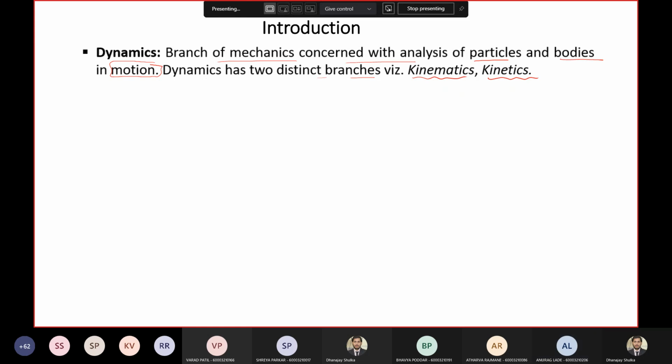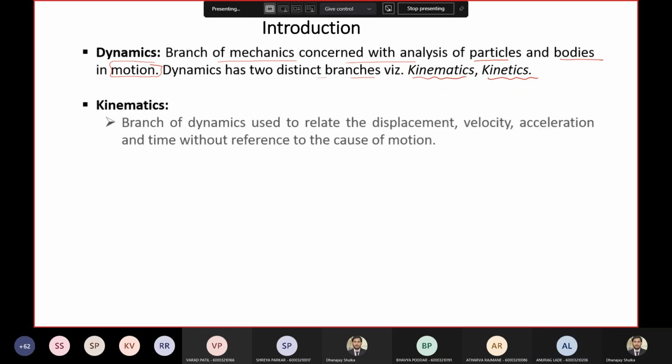Now kinematics is about dealing with the motion parameters, like displacement, velocity, acceleration, and time. But the main thing is that whenever we are dealing with these motion parameters, we don't consider the cause of motion, or the effect of masses or forces.